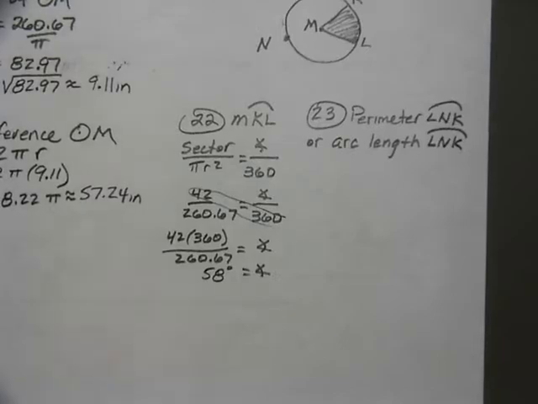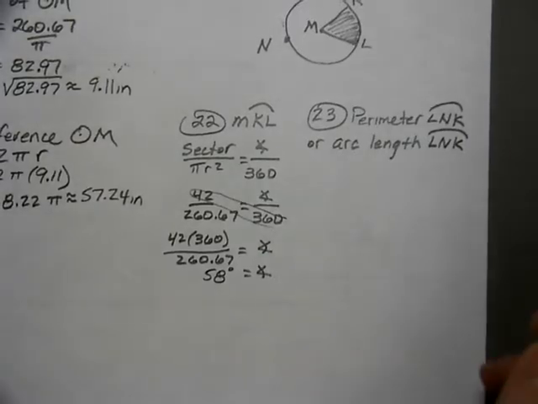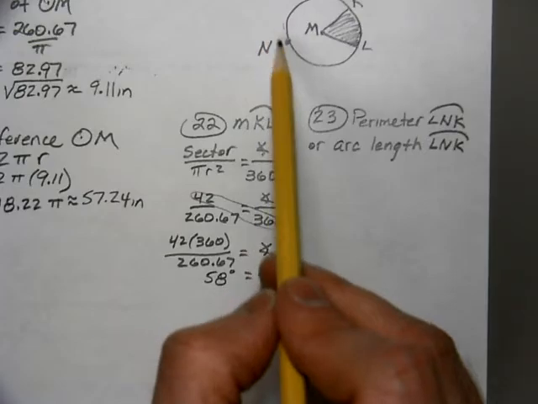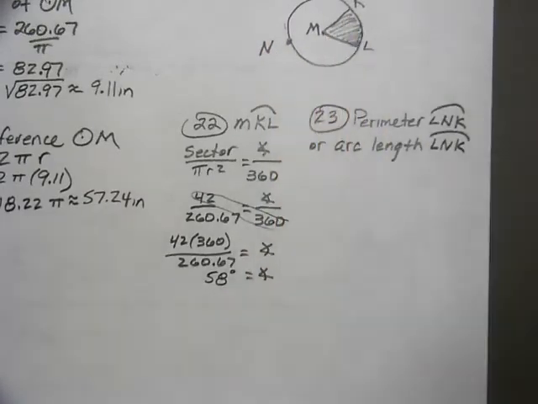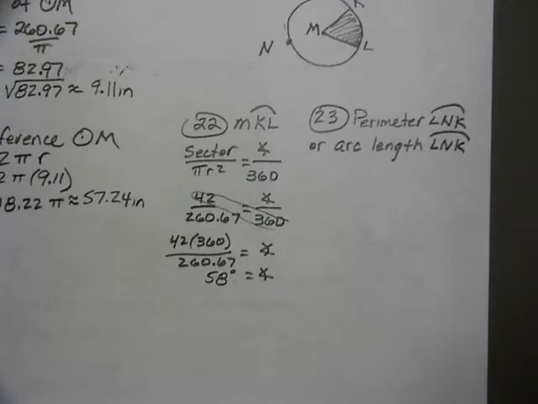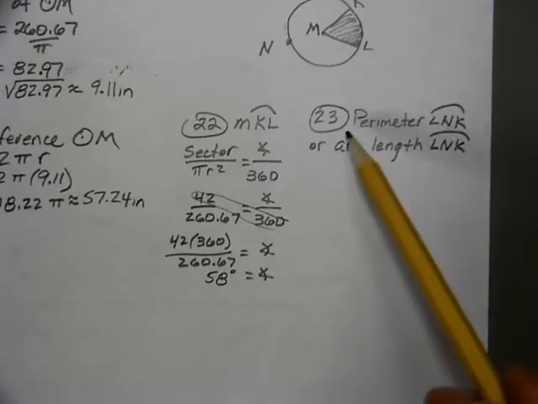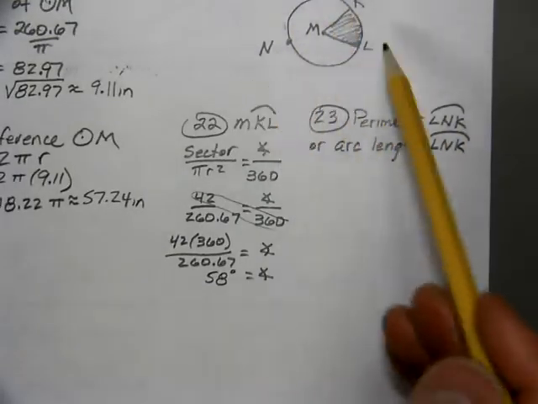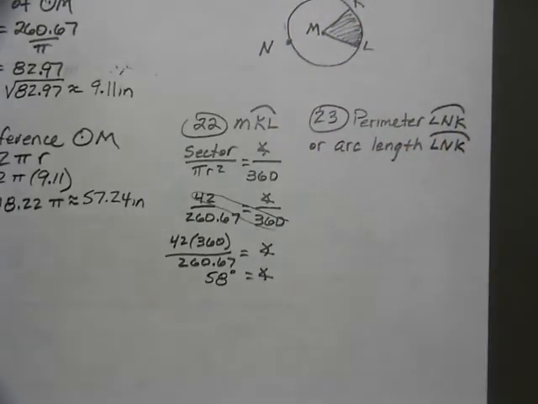Either way you would phrase that, that would come out to be the same. Well, let me think about this. Perimeter, I guess, would refer to the arc length plus the two radiuses. So if the question is actually perimeter, let's stick with the actual perimeter, which would include two radiuses.